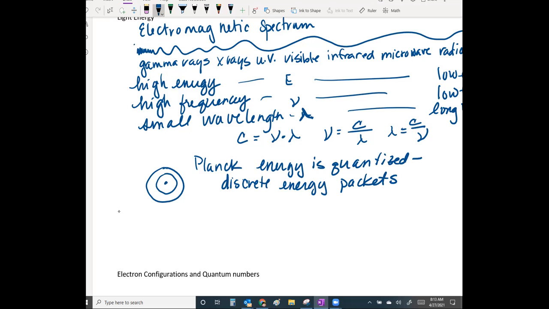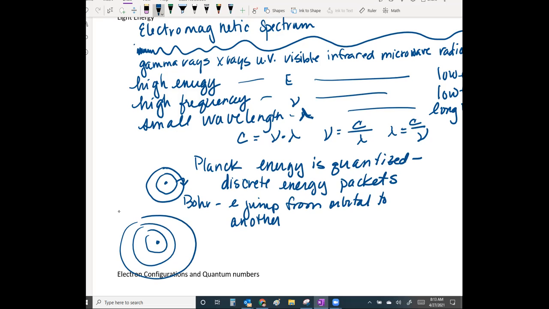And Bohr went one further than that. He said, okay, that energy that Planck was talking about is what it takes to jump from one orbital to another. And if you don't have the right energy, you can't make the jump. So if your electron makes a large jump, it's going to take a lot of energy, right?